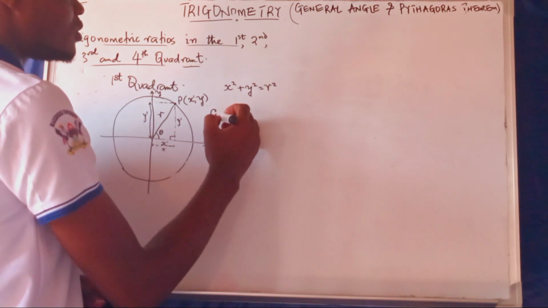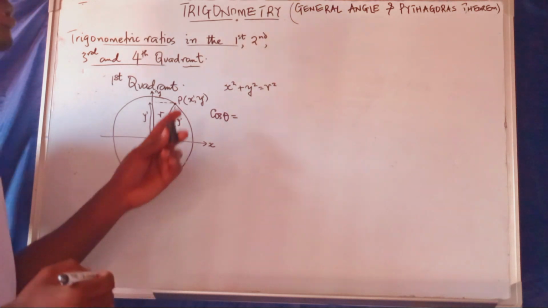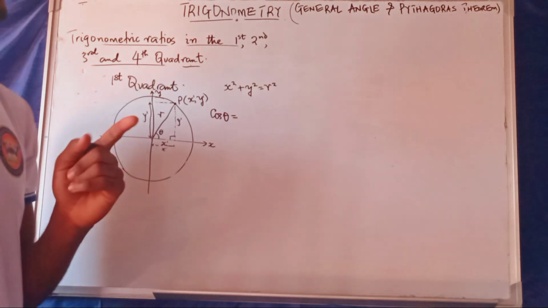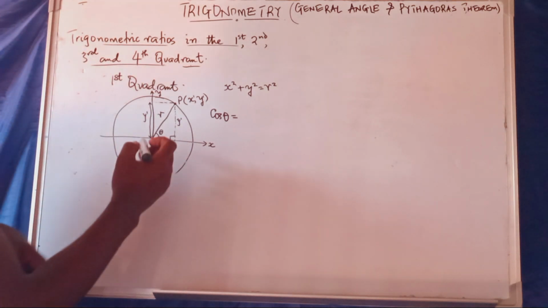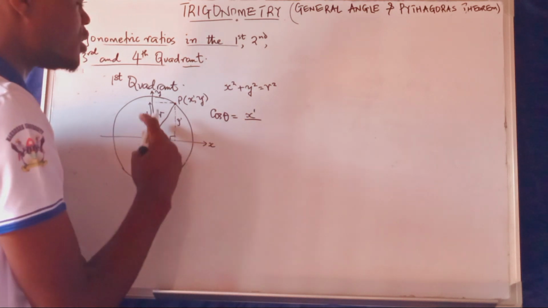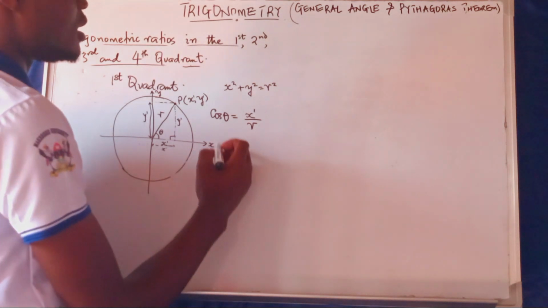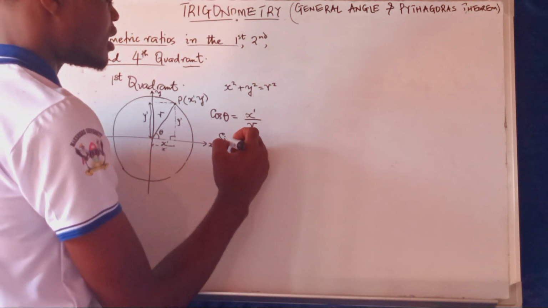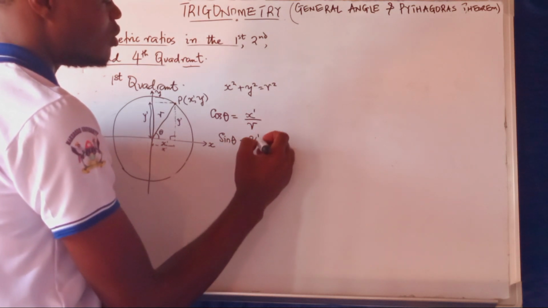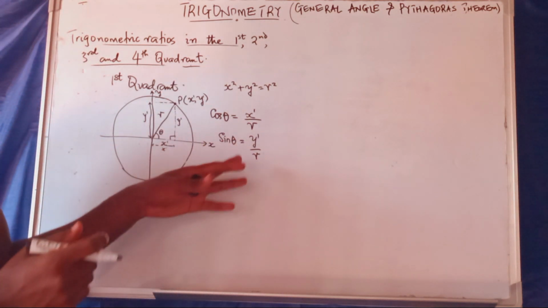So we know if this is the angle, we know that the cos of that angle, cos theta, from Pythagoras theorem, we know that cos theta is adjacent over hypotenuse. The adjacent is x prime over the hypotenuse, which is r, the longest side r. And what is our sine theta? Our sine theta is opposite over hypotenuse, opposite y prime over hypotenuse.